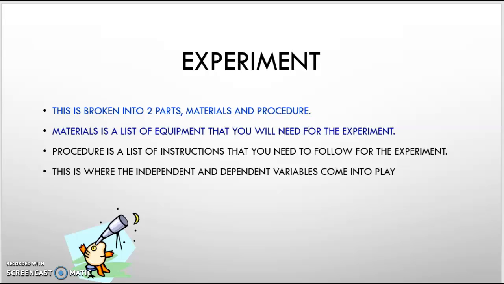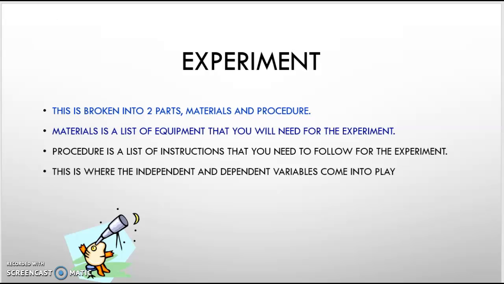And I also said that this is where the independent and dependent variables come into play. Now, why do I say that? Well, remember that the independent variable is the thing we're changing and the thing that we're testing, right? So what's an experiment? The chance when we get to go test things and then look at the outcome.